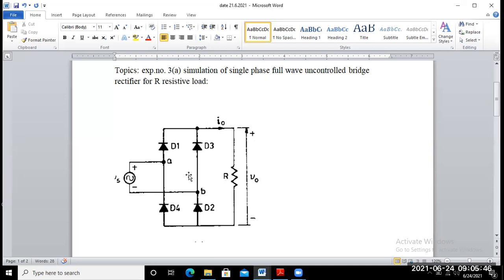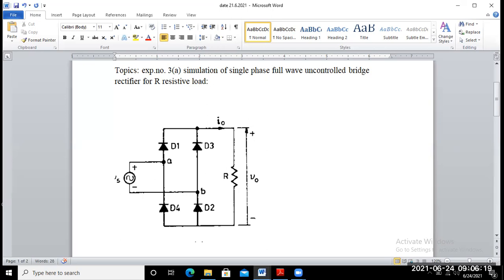The voltage across the diode is 0 when the diode conducts, and when it does not conduct, the voltage across that diode appears as the input voltage waveform. So this is basically the operation of the single phase full wave rectifier.